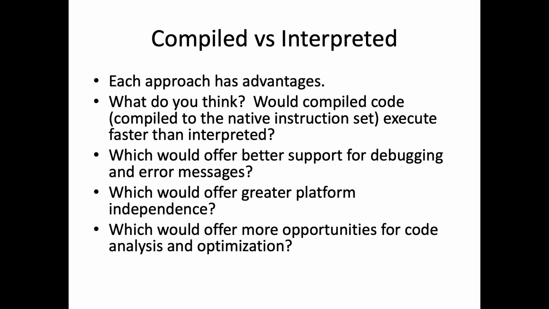It can do more optimization because it can look at the whole program all at once rather than just one method at a time. But it's probably not going to have as good a support for debugging, because we don't know as much about the source code of the program we compiled. When we built that program, we just knew about the machine instructions that went into that program.